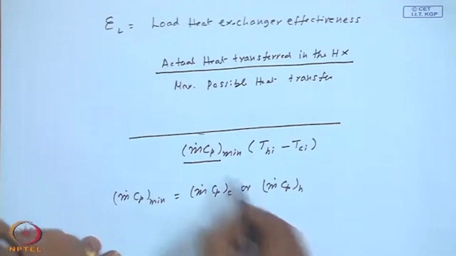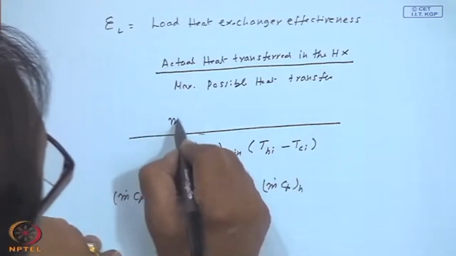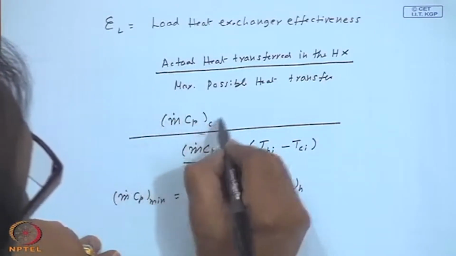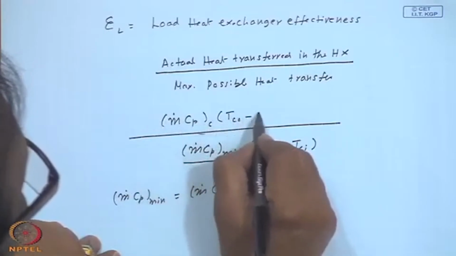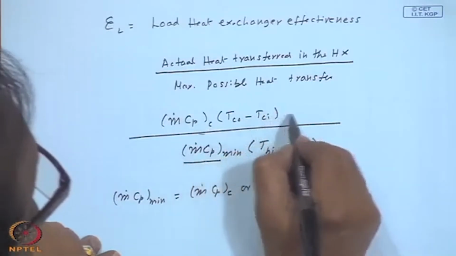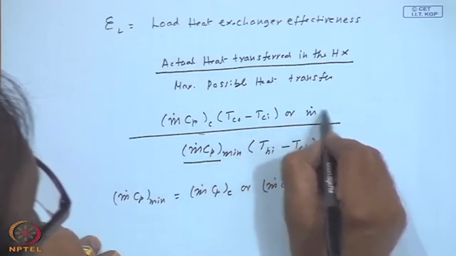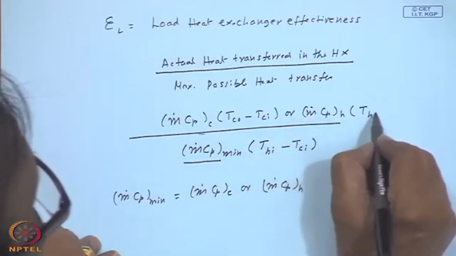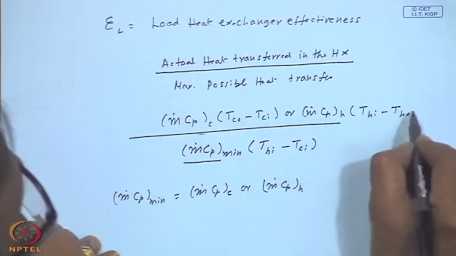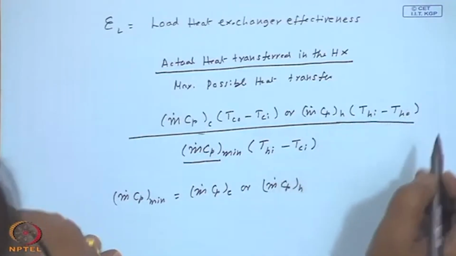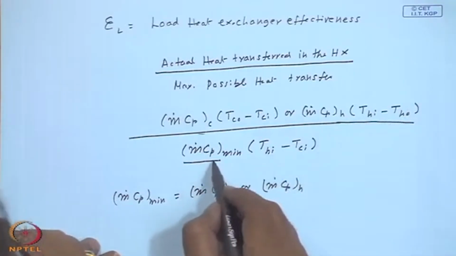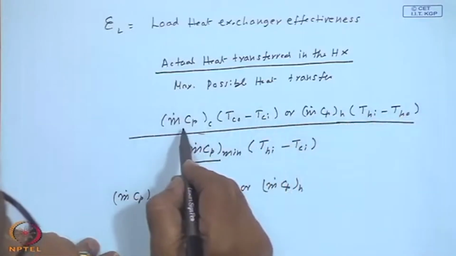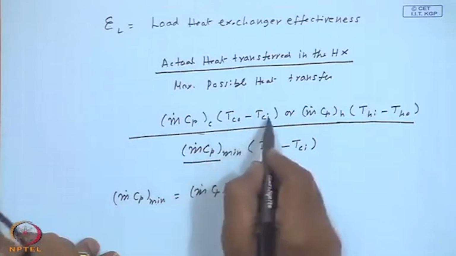depending upon which one is lower of the two. So, in the numerator I can write actual heat gained as m dot C p cold into T c O minus T c I, or m dot C p hot into T h I minus T h O. If m dot C p minimum is m dot C p h, you can cancel that and use this, or if the cold one is the minimum, you again cancel that and use this.